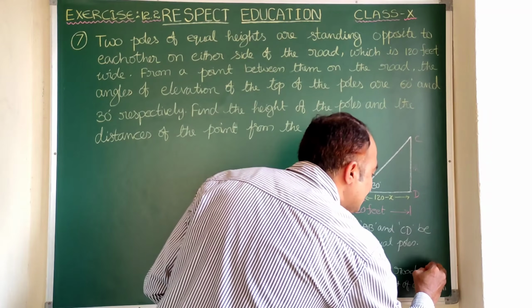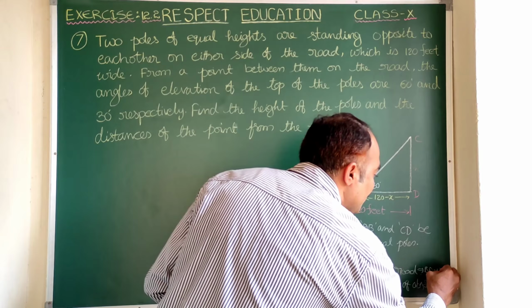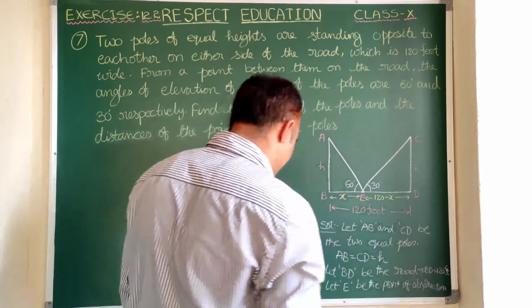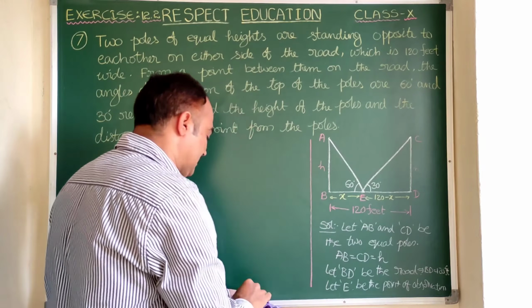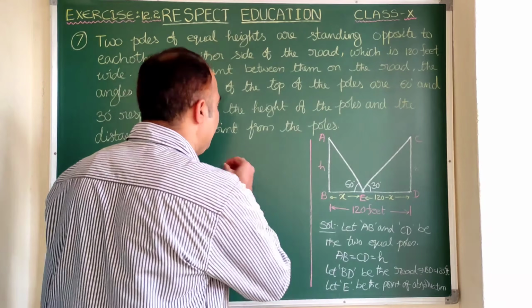Here it is given that BD is equal to 120 feet. Now, what to find here?